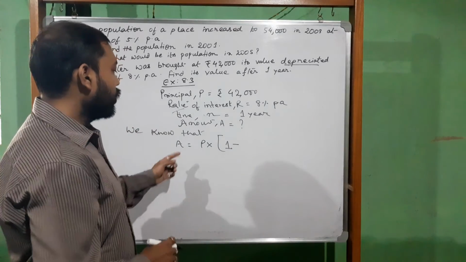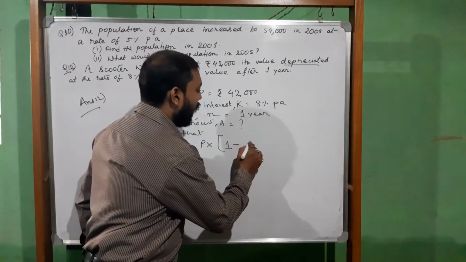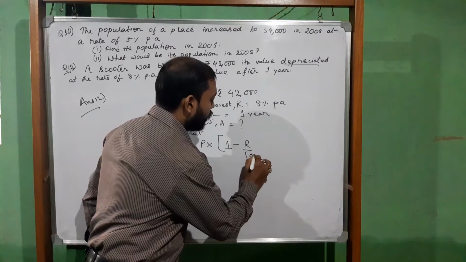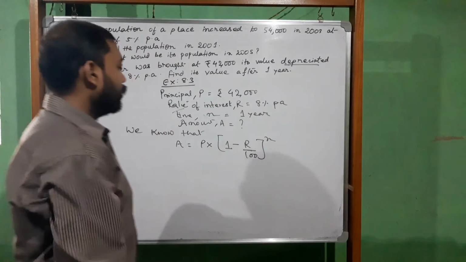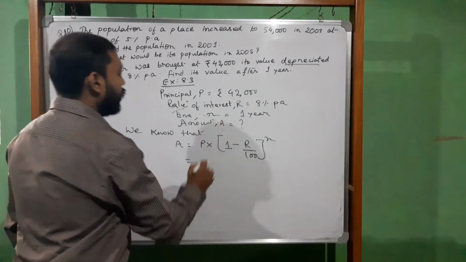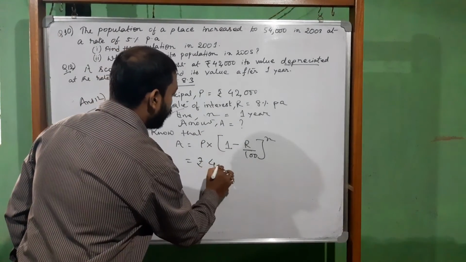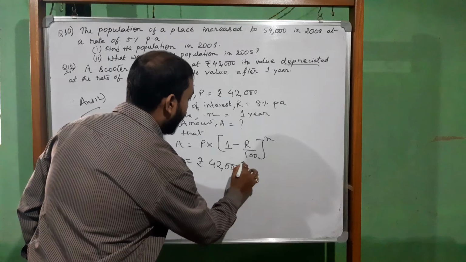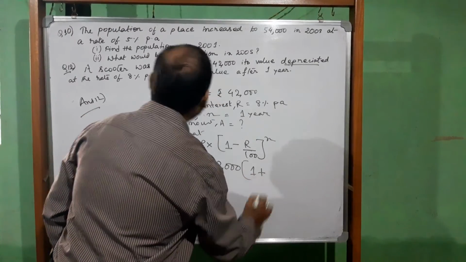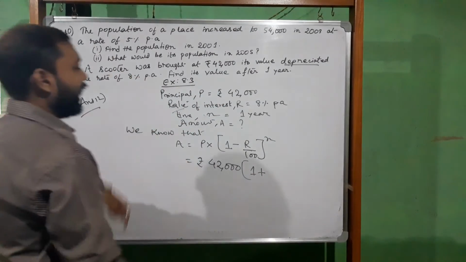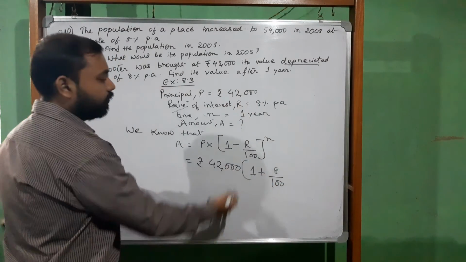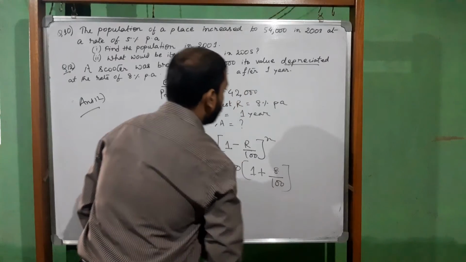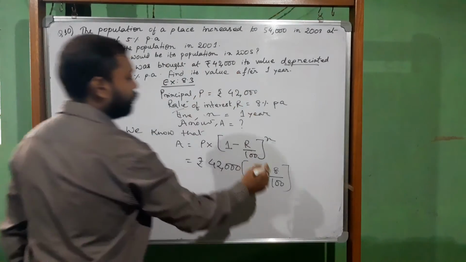So P into (1 minus R by 100) to the power n. Now principal is 42,000, R is 8%, that means 8 by 100, and the time is 1 year.